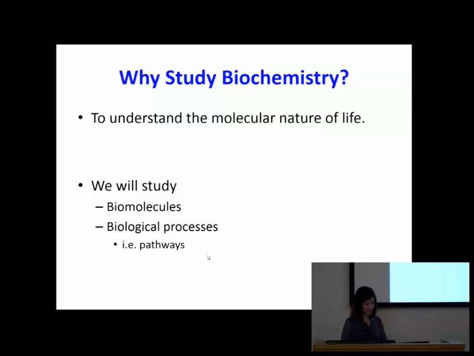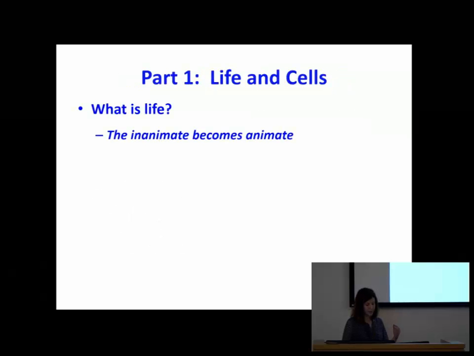So this chapter is broken up into basically what I see as 4 parts. What we're going to do is first review cells very quickly. The second part is we're going to review organic chemistry.